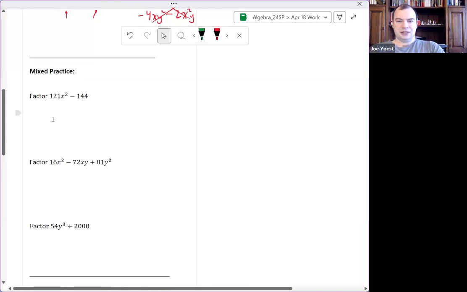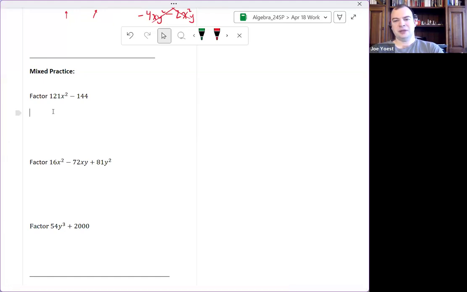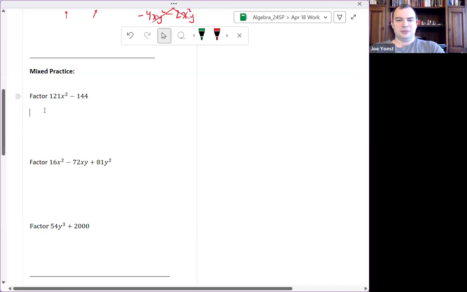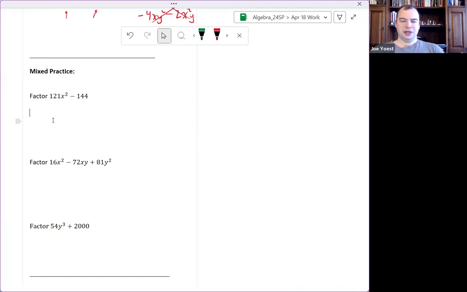Okay, so let's look at the next three problems, and this is mixed practice. We've talked about a couple of different special products in this section. So far we've said we have this special product and we did a bunch of examples of it, and we have another kind of special product, a bunch of examples. But here we have mixed practice.